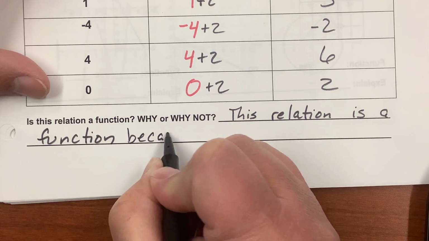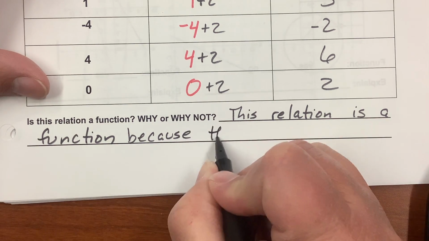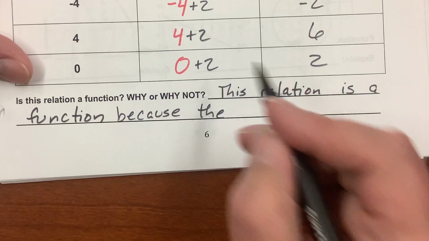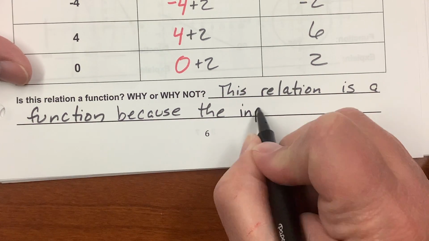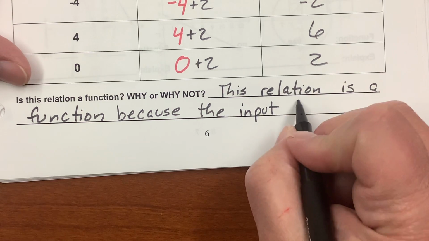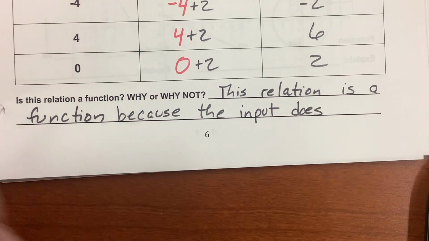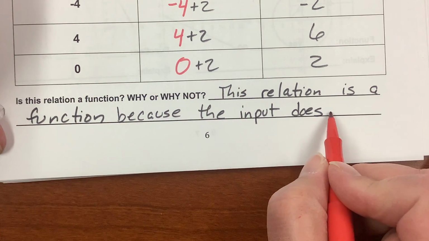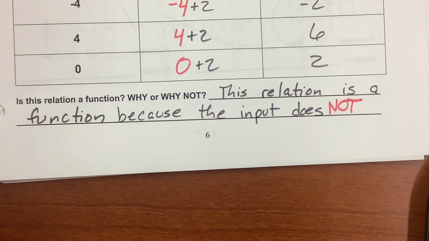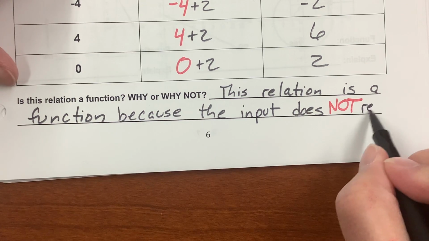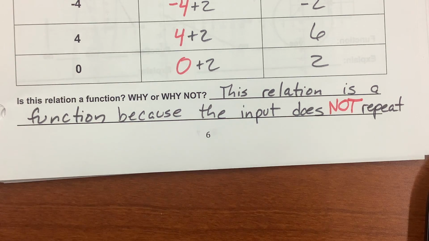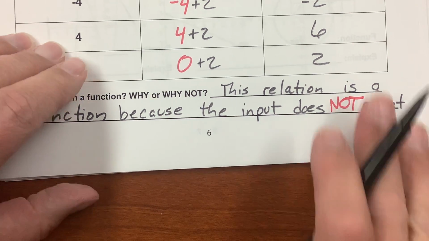Because the x values do not repeat. The input, I'm going to use input because they use that word, which is the same thing as the x values, and I think this is very important, so I'm going to write it in capital letters in red, does not repeat. So if the input does not repeat, then it is a function.